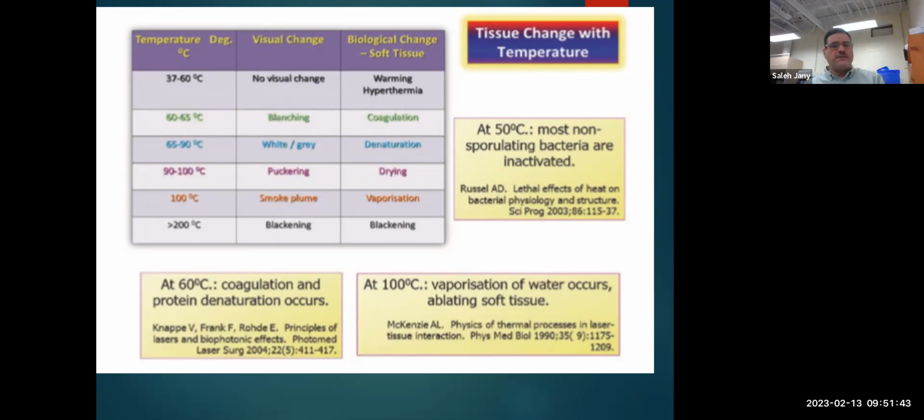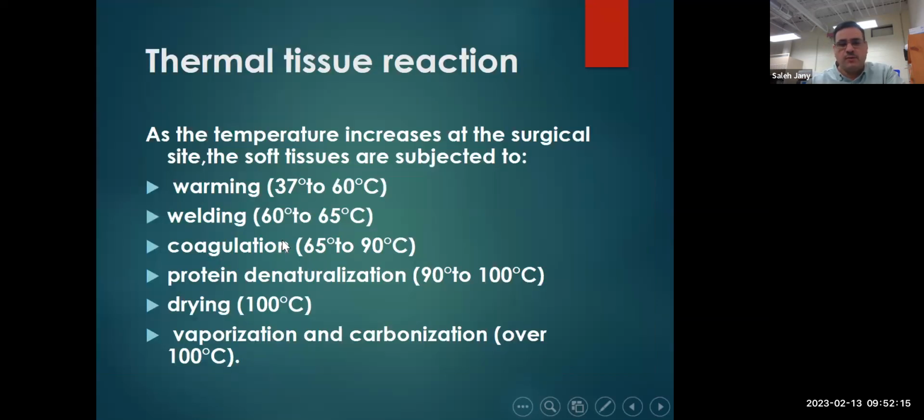Enamel has a small amount of water in it, and when you put a CO2 laser on the enamel or dentin, the water gets boiled inside the crystal, and it will explode and make small holes in the enamel or dentin. Over 100, you will have smoke and vaporization. All the tissue will evaporate. And over 200, we have blackening and charring. Everything will be charred.